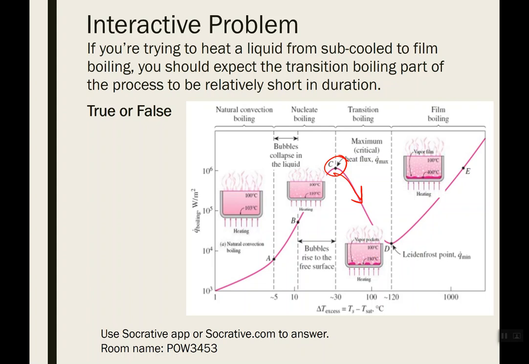So I guess the question officially asks, if you're trying to heat a liquid from subcooled to film boiling, you should expect the transition part of the process to be relatively short in duration. So is that true or false? If you have no idea, just take a guess.